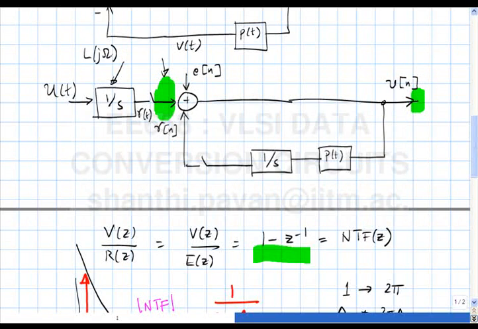And the transfer function from here, from R of n to the output, is nothing but the NTF, correct? So we find in other words that this thing, multiplied by this.